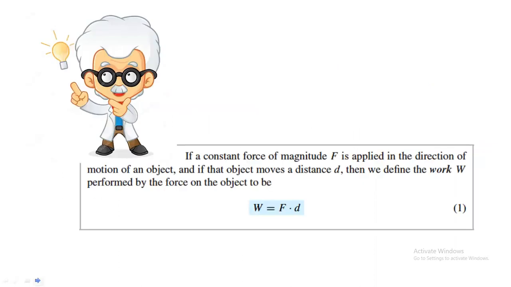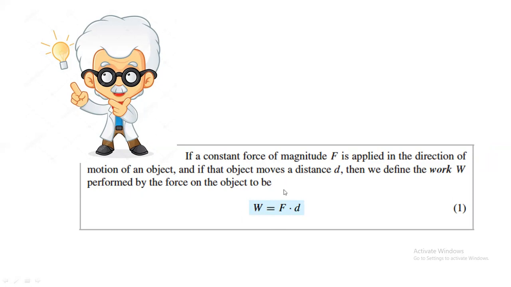Now, in your physics, you have learned that when a constant force is applied in the direction of the motion of the object, in the same direction as the displacement d, the product of such force and displacement is work. This is how we define it fundamentally in physics. The force here is constant.